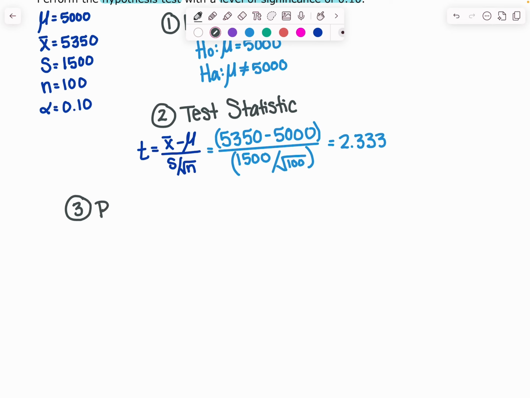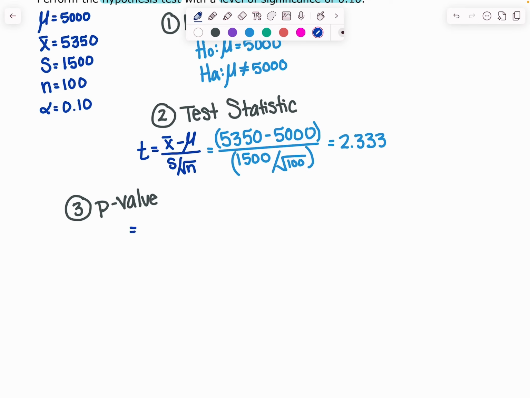Now for the p-value. Now in Excel, we have a specific function for a two-tailed test, just like we did for the right-tailed test.